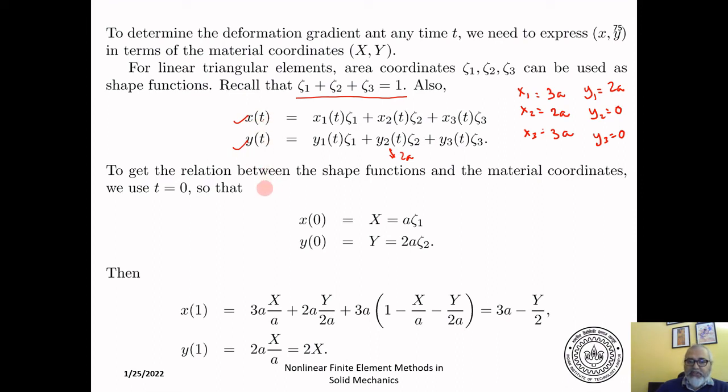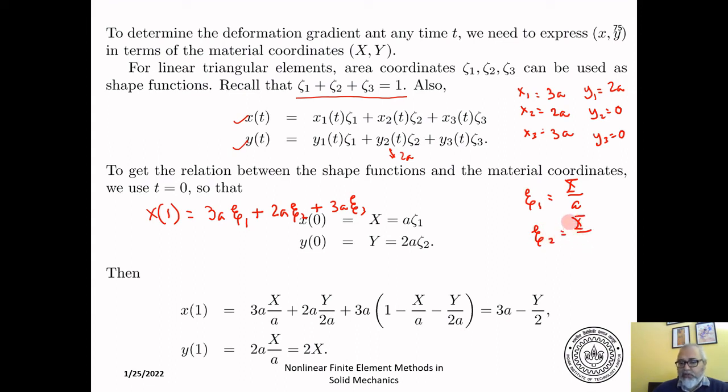Plug it into this, then you get x of 1 is equal to 3a zeta 1 plus 2a zeta 2 plus 3a zeta 3. From the initial configuration, we know that zeta 1 is equal to capital X by a, zeta 2 is capital Y by 2a.